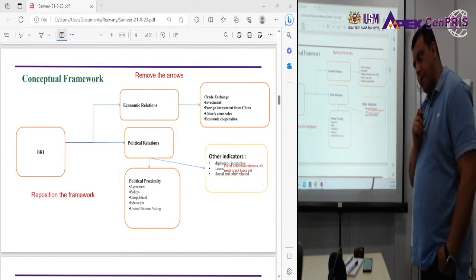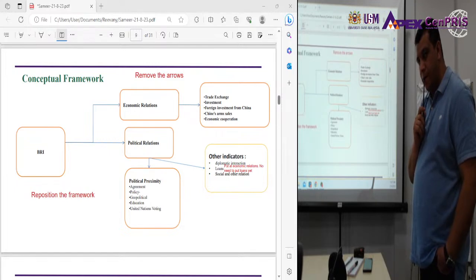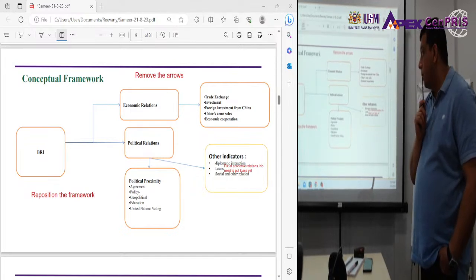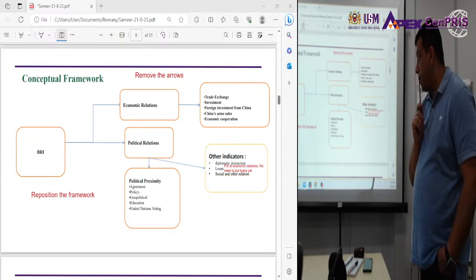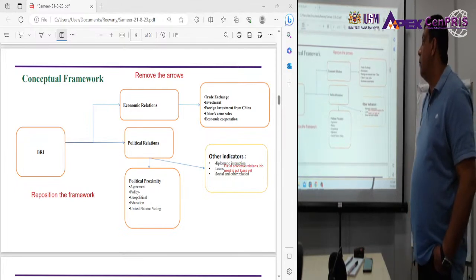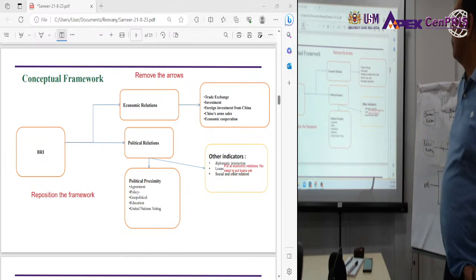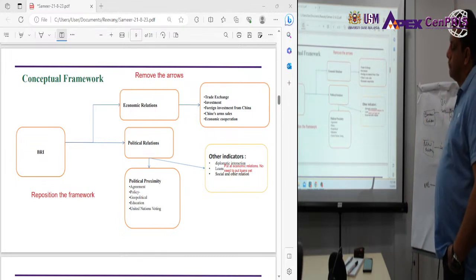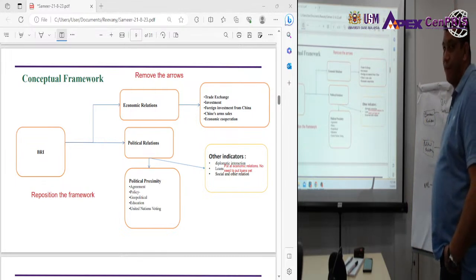What's the connection? BRI leads to economic relations and political proximity. So now remove the words political relations, and just put political proximity up there.